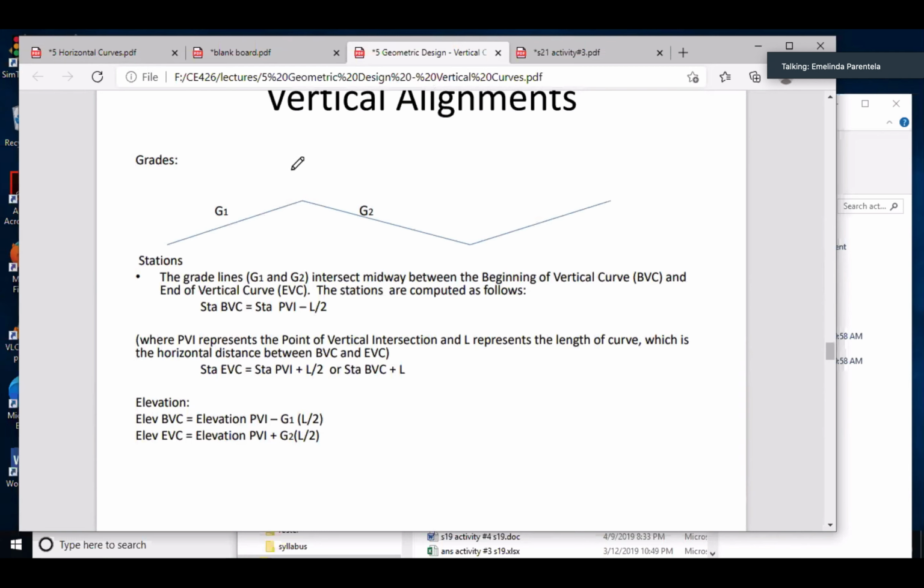Now, when you're setting up curves, you may have successive or several curves going together. So this is one crest curve followed by a sag curve, and so on. Here, the important information that you would want is the grade, as well as the elevation at various points along the curve.